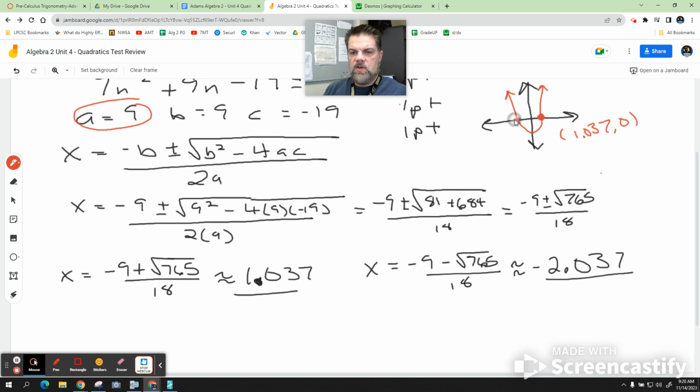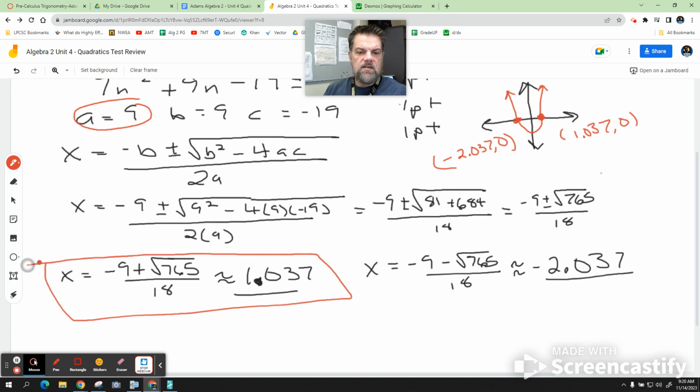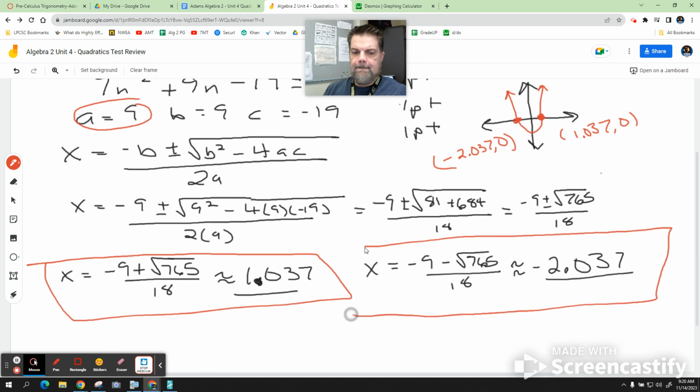This point here is negative 2.037, comma 0. And that's it. So this is worth 1 point, and this is worth 1 point. So that's how you get the 5 points on that, okay?